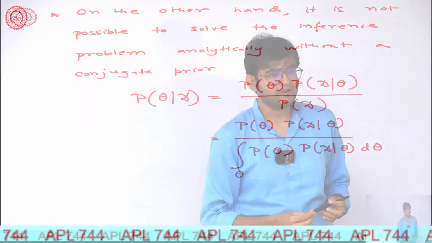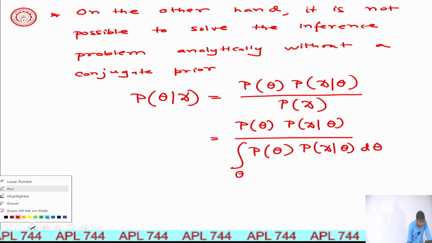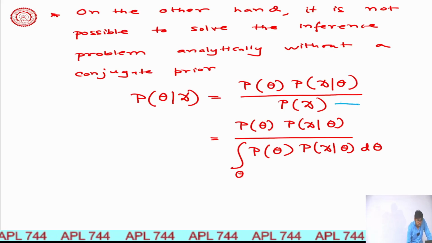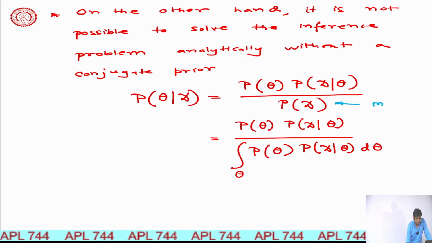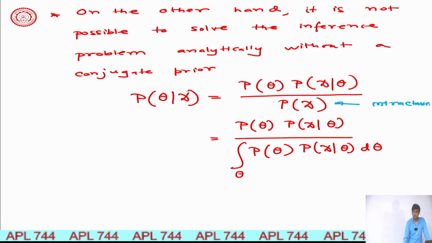Okay. And if you cannot compute the posterior analytically, forget about the predictive distribution, because the predictive distribution uses the posterior. So nothing can be done analytically. Okay. So this portion is generally intractable.